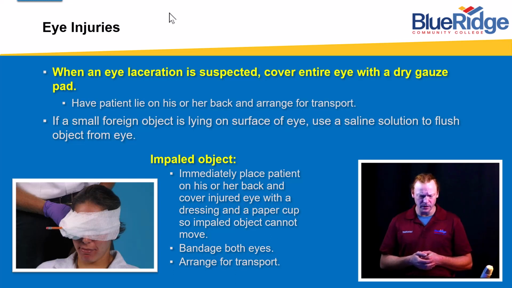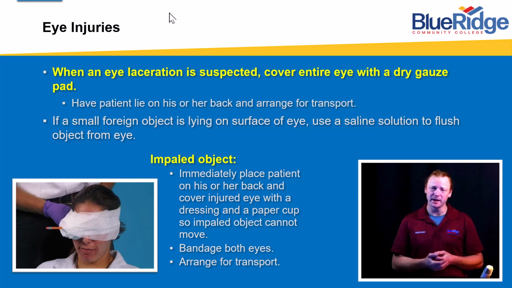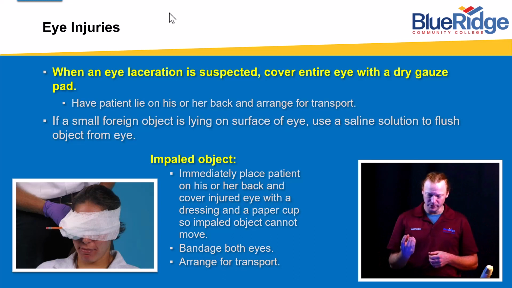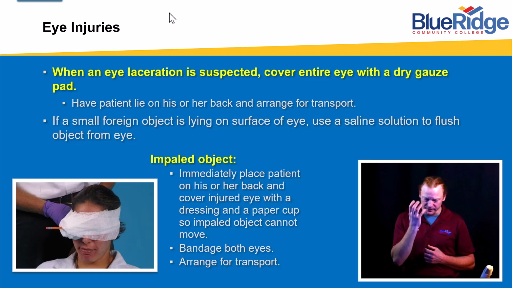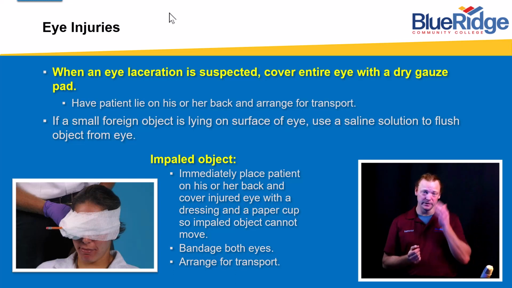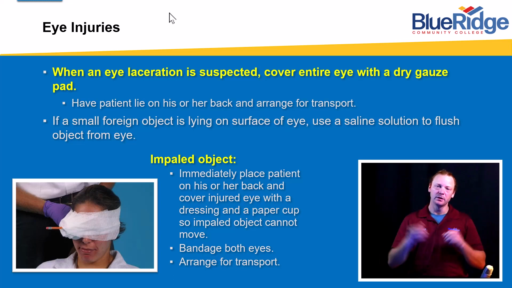When we're dealing with impaled objects in the eyes, we want to place the patient on their back, cover the injured eye with a dressing or a paper cup so that we're not actually touching the impaled object. And once that's secured in place, cover the other eye. This prevents the patient from wanting to look around, and also decreases those sensory factors.